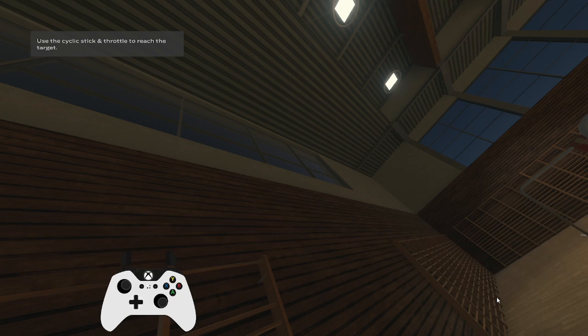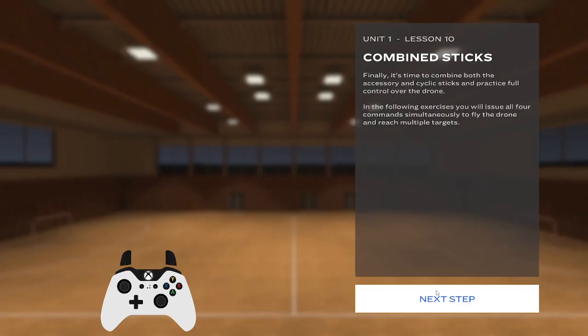Okay. Use cyclic stick and throttle to reach the target. Alright. Didn't turn around though.